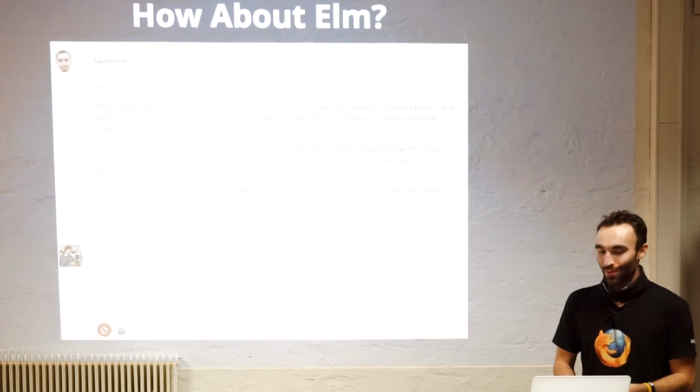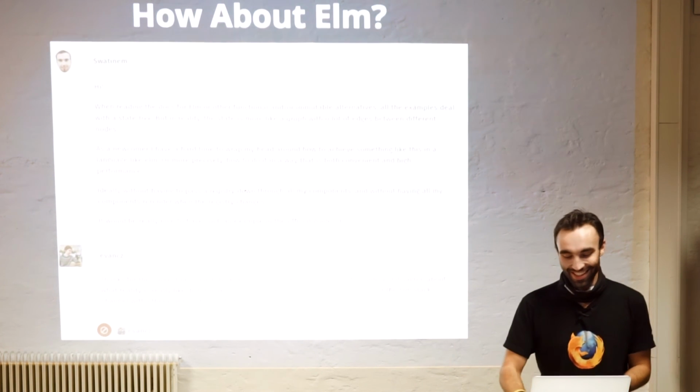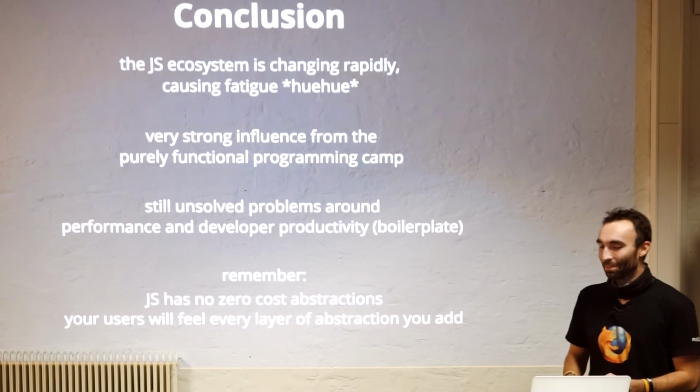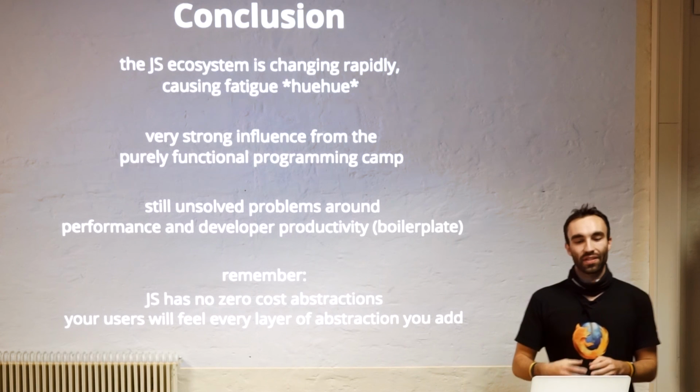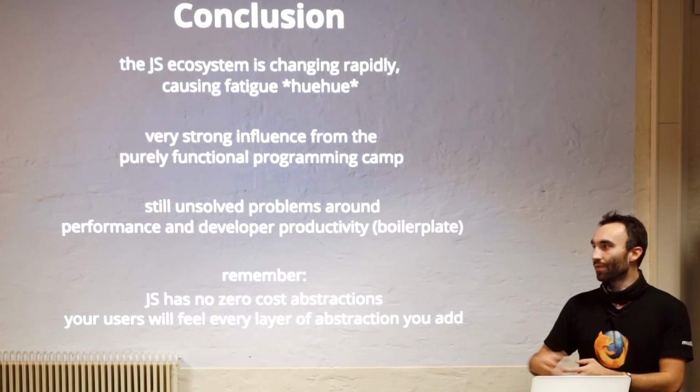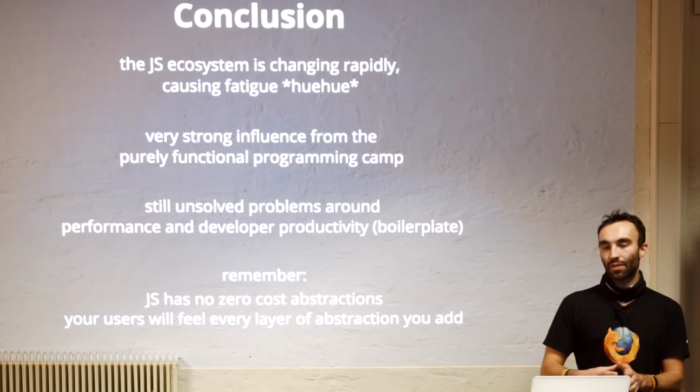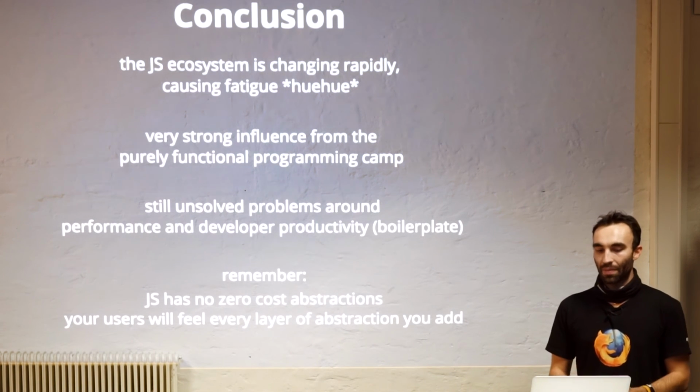And well, I was rejected, but I don't want to flame anyone. The basic conclusion of my talk is that the change of the JavaScript community gives me a lot of fatigue lately. And there's a lot of influence from the purely functional programming camp, for example, with the concepts of Redux, with Elm, and with all those immutable data kind of programming.